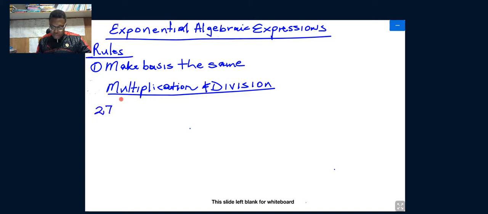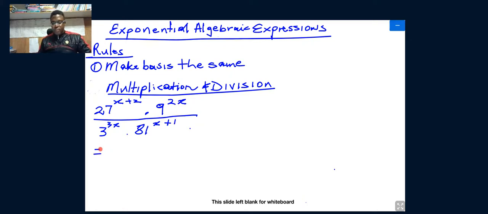Here is the first example. You can see we are multiplying the bases. But these bases are not the same, are not similar. Therefore, it will be the first assignment that we need to tackle. Otherwise, nothing is going to happen. I don't think this is going to be difficult. It won't be difficult at all.